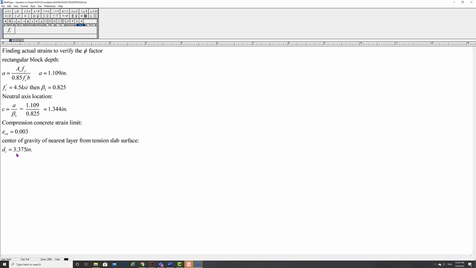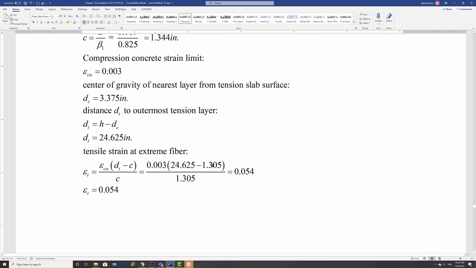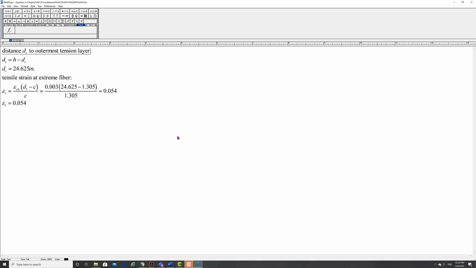Compression strain limit, d sub c, that's the same, so that doesn't change. And so now here, this one changes. Notice that this got lots of ductility. Usually you have lots of it.